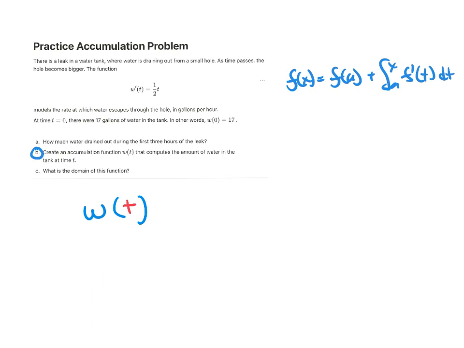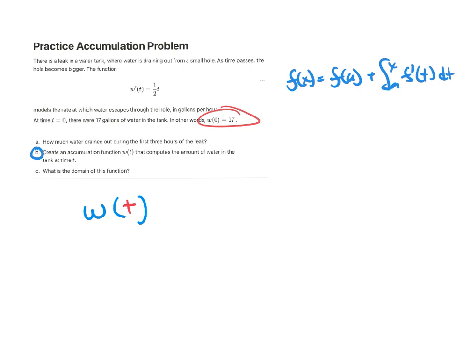Essentially what I'm going to do is replace the f's with w's, and my a is going to be 0, because that's my initial condition right here. My a is 0 and my w of a is 17 here, so we can get this thing set up.